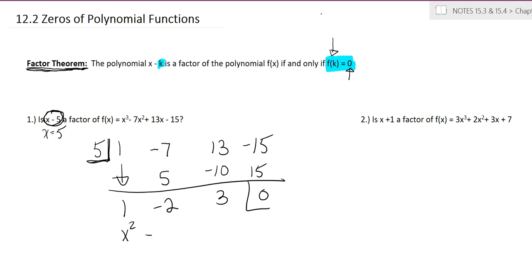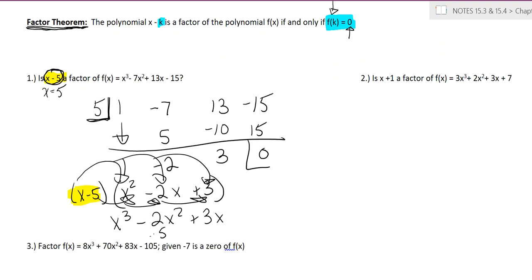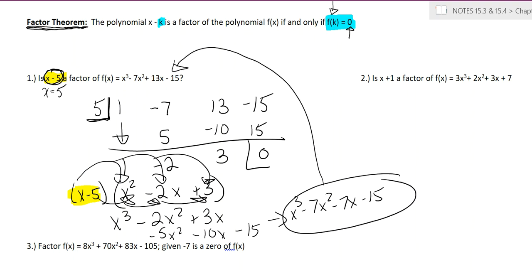This right here becomes x squared minus 2x plus 3. And because of the theorem, what this would show is that if I take x minus 5 and now multiply it by this new polynomial that I got, so if I distribute this, I'll do the same thing with the 5, that these multiply together to give you the original.